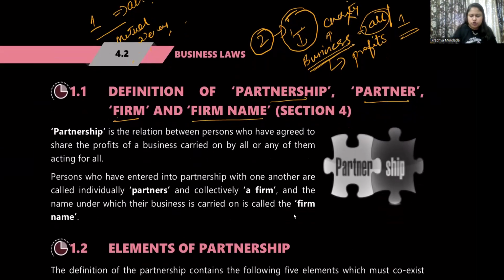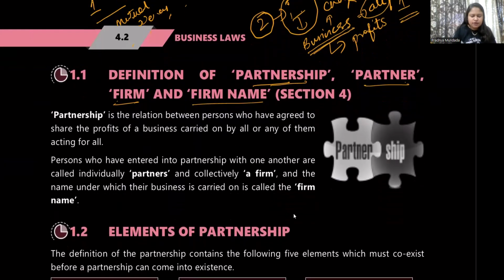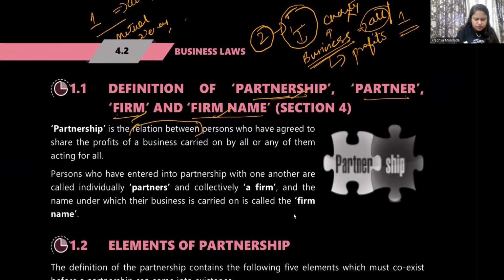Okay, now, you have partnership, partner, firm, and firm name. So what is partnership? It's a relationship between two or more persons who have agreed to share the profits of a business carried on by all or any one of them acting for all.